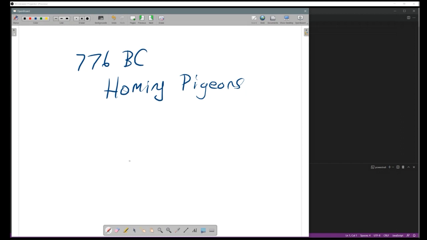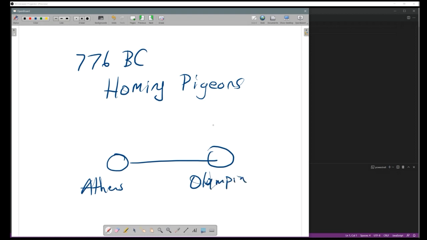Okay, so the interesting thing about the homing pigeons is they have a very interesting property. Let's say that this was Athens and this was Olympia. The interesting property of the homing pigeons is that they can only fly home. Meaning that their home was in some building in Athens, and so they knew how to always get home.